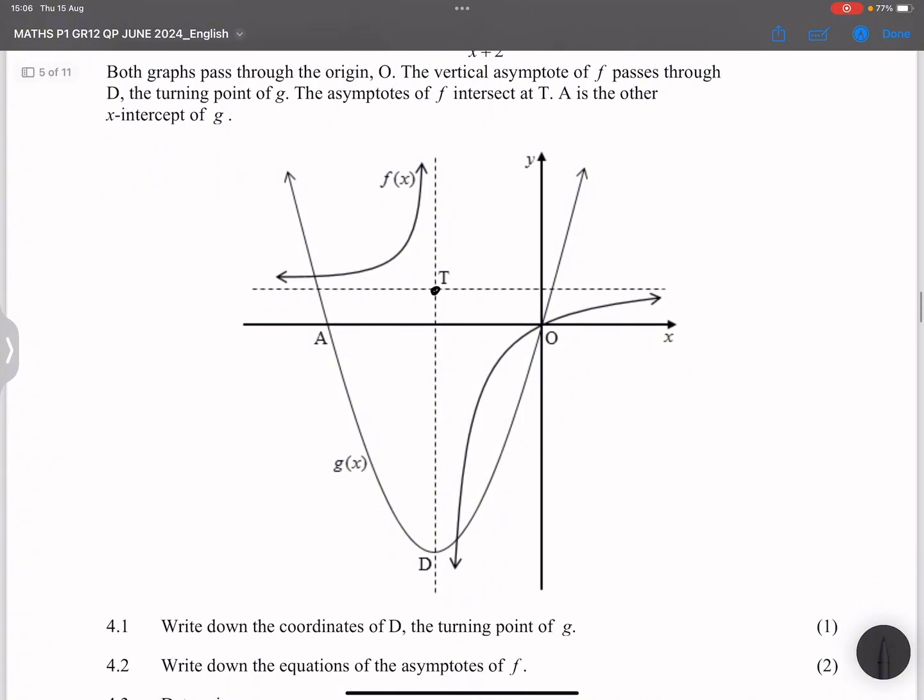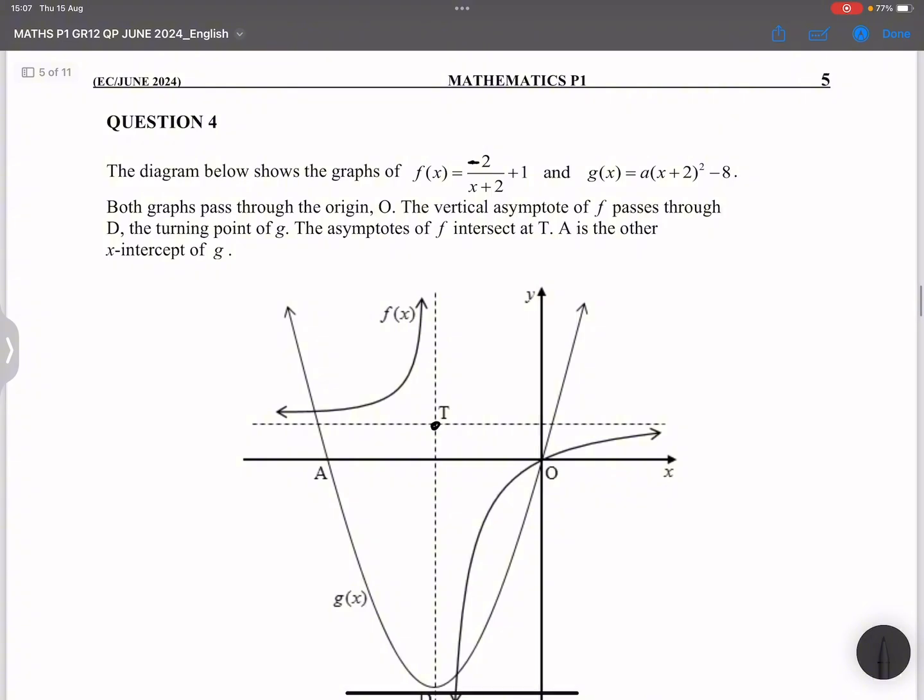So they say to us, write down the coordinates of D, the turning point of g. Now remember that when the graph of the parabola is written in this way, that will be the x value of my turning point. That represents the y value of my turning point.